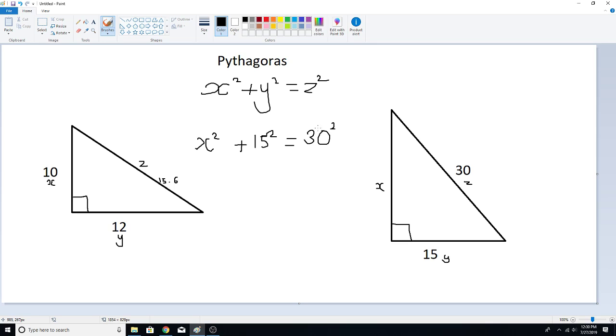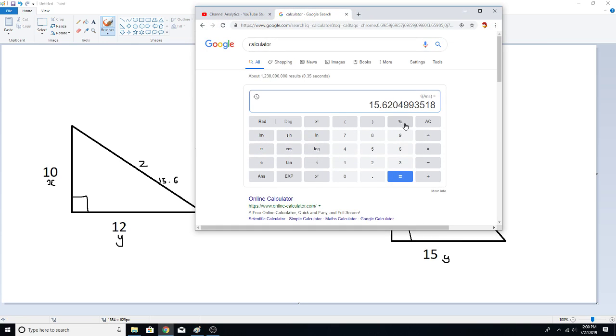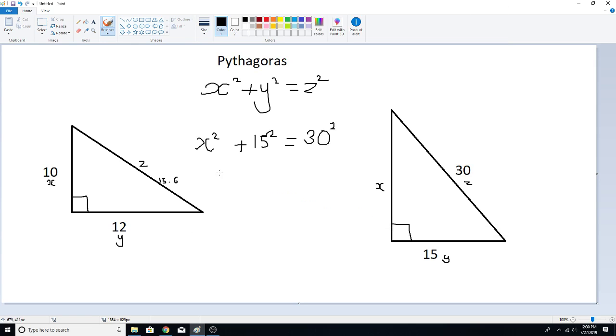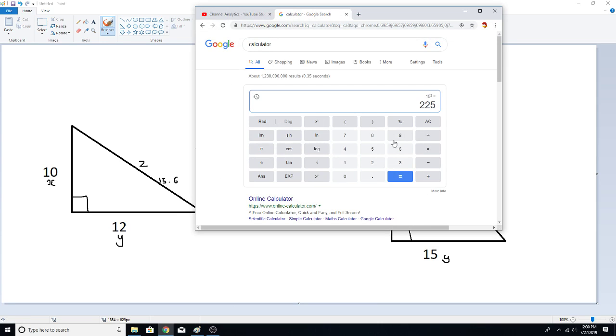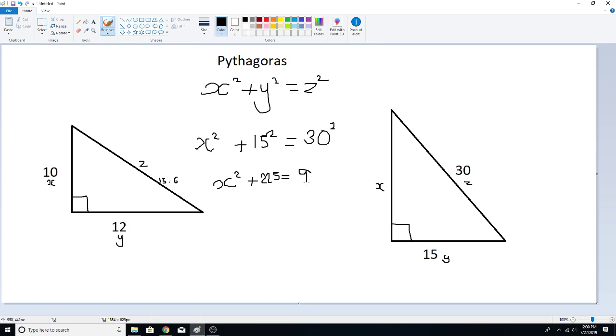And if we put in the numbers, what's 15 squared then? 15 squared is 225. So x squared plus 225, and then 30 squared is 900. Remember, squared means being times by itself.